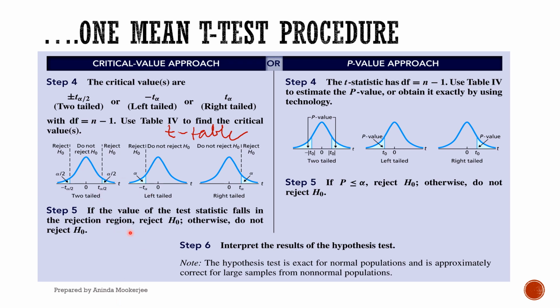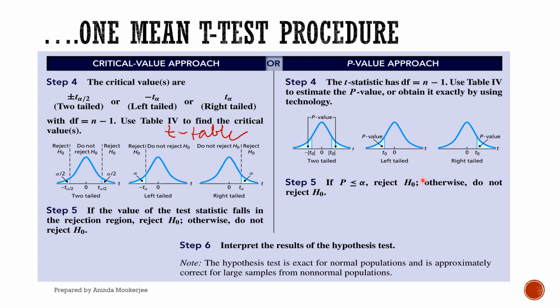And then we take a decision. We do the analysis from the curves. If it's the critical value approach, we check whether our test statistic falls in the reject region or do not reject region. If it is the p-value approach, then we find our p-value for our test statistic and compare it with alpha.